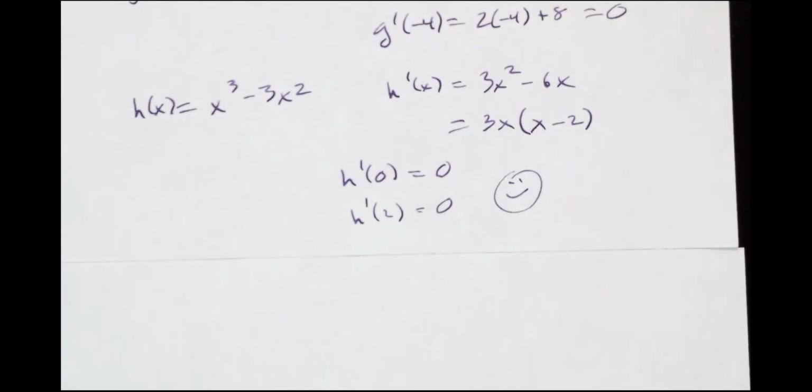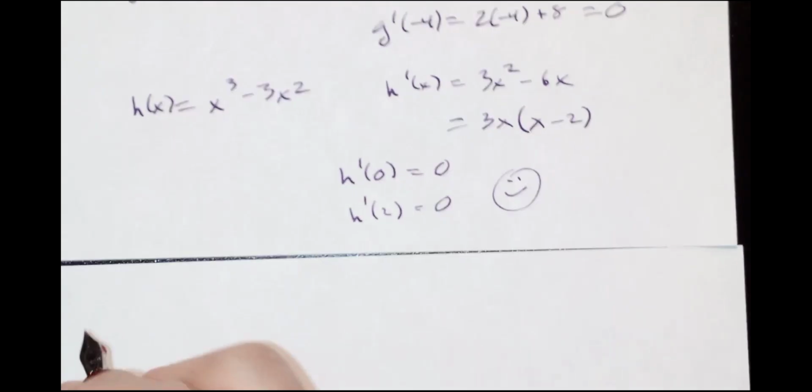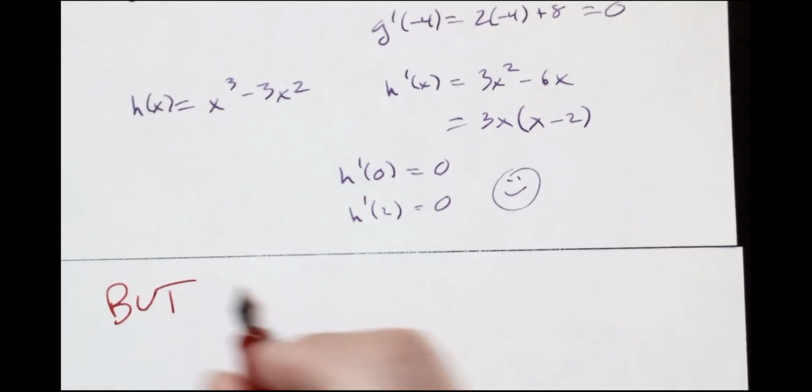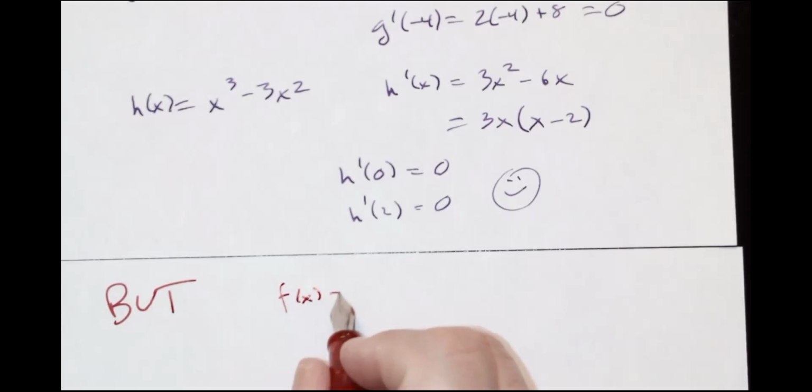But wait, there's more. Fermat does not say that if I have a horizontal tangent line, I have to have an extreme. Consider this graph, this function x cubed. What's its derivative?